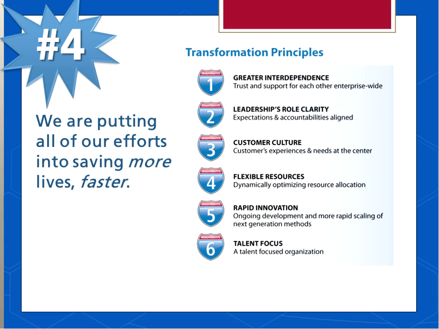We knew that to achieve our aspiration of saving 1,000 lives a day in the United States and 10,000 lives a day globally, that we needed to change, and we have been. Our overall goal is to ensure the Society becomes as effective and efficient as possible so that we can save more lives from cancer faster.